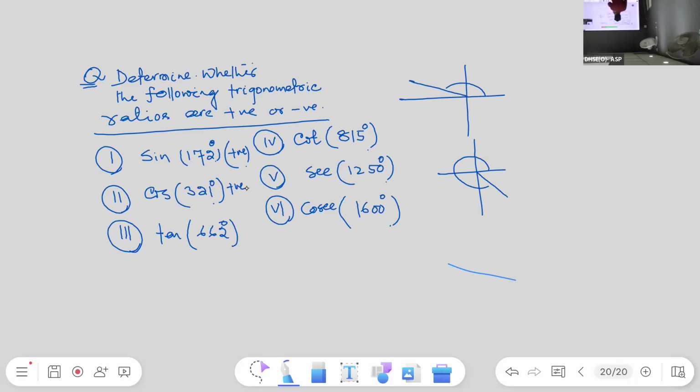Then 662 belongs to third quadrant. So it is positive.